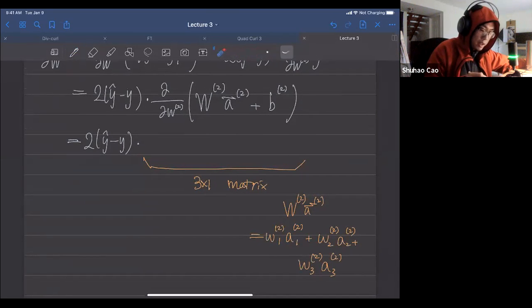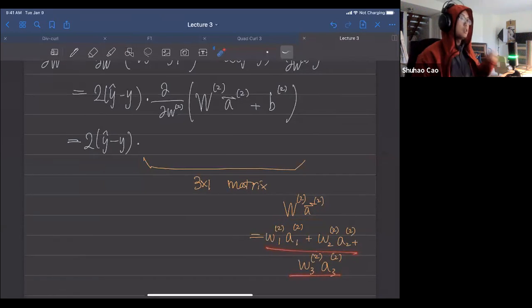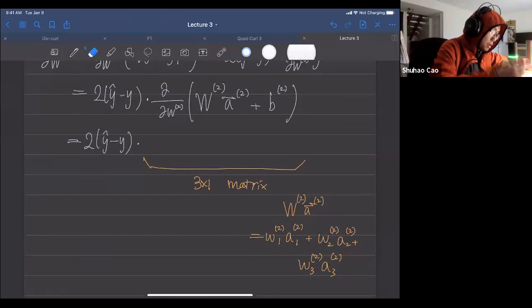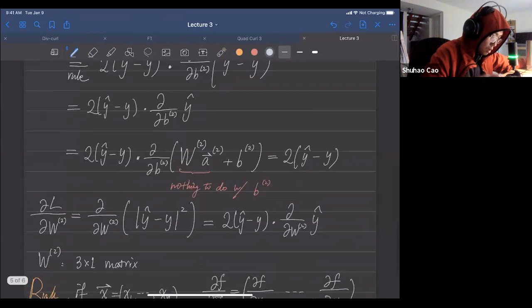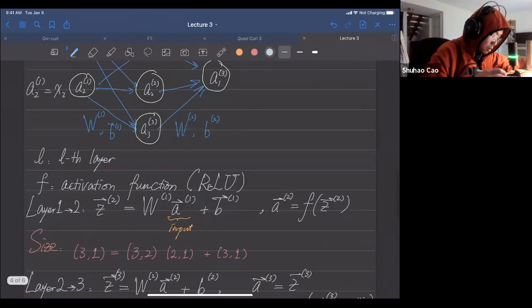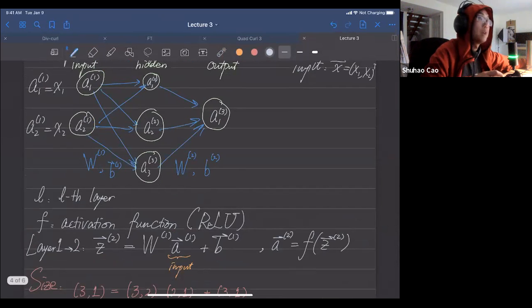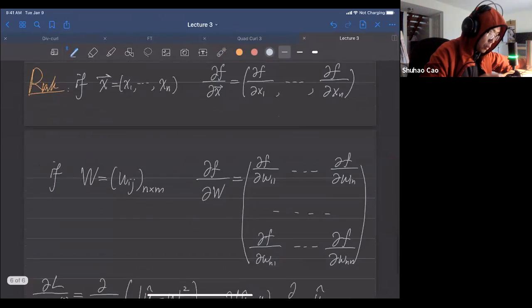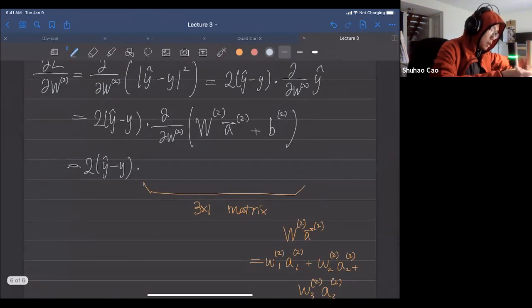If we write this inner product, or matrix vector multiplication, we get this. Wait a second, W is a 3x1 matrix. That's right. So 3 rows and 1 column.